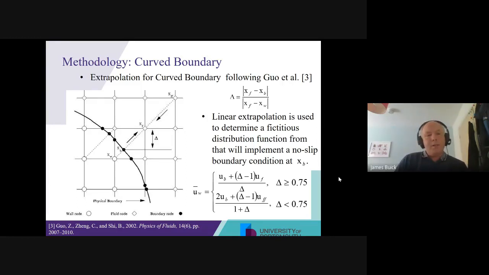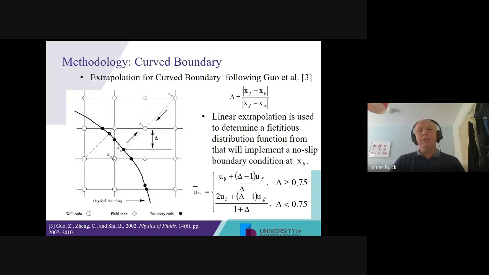The basics of what's happening with this model is if we have a boundary which is represented by the black line, and we have fluid, in this case blood, in the top right, and the solid wall to the left of that, then if we look at a point such as this point here, XF, if we want to calculate our new distribution functions here, it relies on all of our neighbours, and in particular, it relies on what would normally be coming in from this wall site, but obviously that isn't there because that isn't within the fluid.